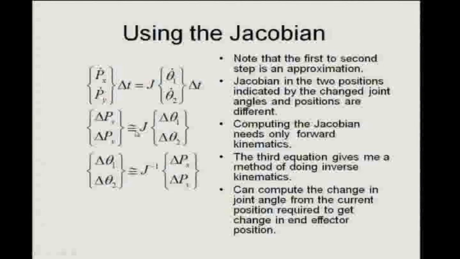And now note, I am making this an approximate relationship now. Why is this approximate? When I multiply both sides with delta t, there is no approximation there. I am just multiplying it by a quantity, right? But when I deal with delta px or delta theta 1, which means change of a joint angle, and if you saw the derivation for the Jacobian, that involves theta 1 and theta 2, right? Now obviously this theta 1 and theta 2 have to be evaluated at a position.